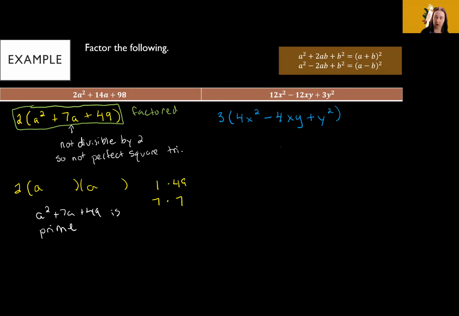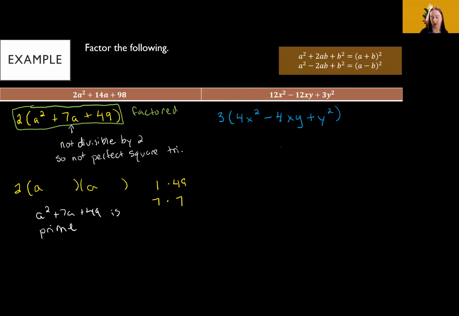And so now I'm looking at what's left in parentheses, because it's got something squared, we need to try to factor it. I noticed that I've got a 4, which I can take the square root of, that's 2 squared. So the 4x squared is really a 2x that you can square. The y squared is something squared. So that's good, the first and last terms are things we can square.